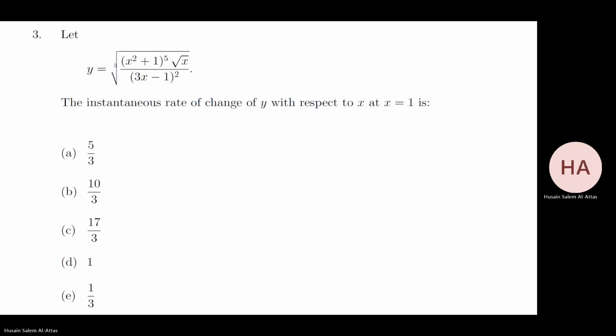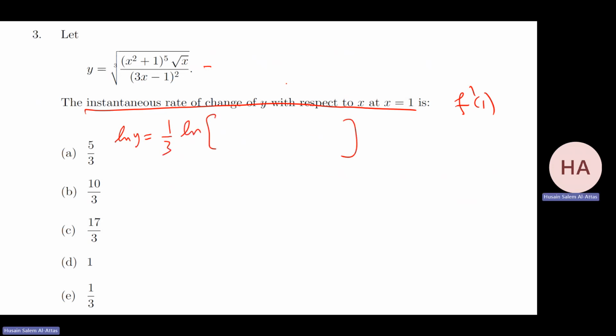Then the instantaneous rate of change of y, what they want is f prime at 1. Logarithmic differentiation: I can rewrite it. I have ln y equal 1 over 3 ln of x squared plus 1 to the power 5, x to the power half over 3x minus 1 squared, all to the power 1 over 3.